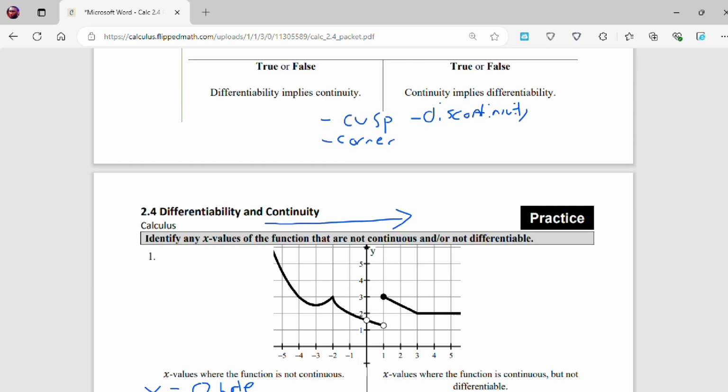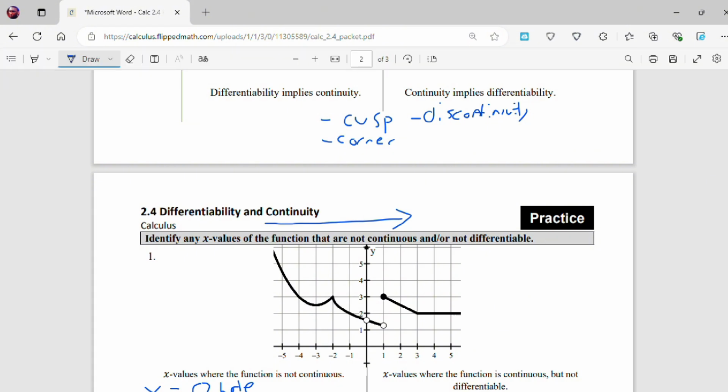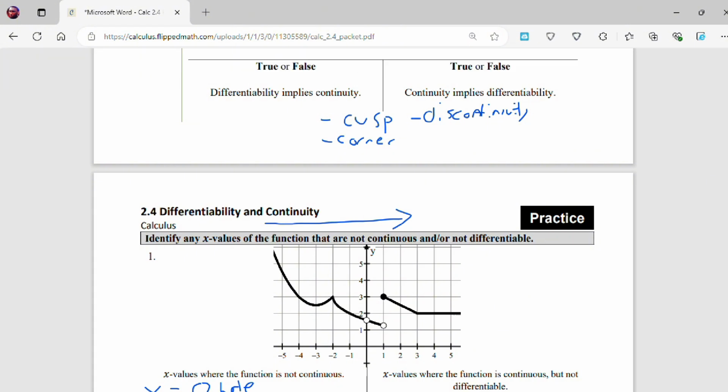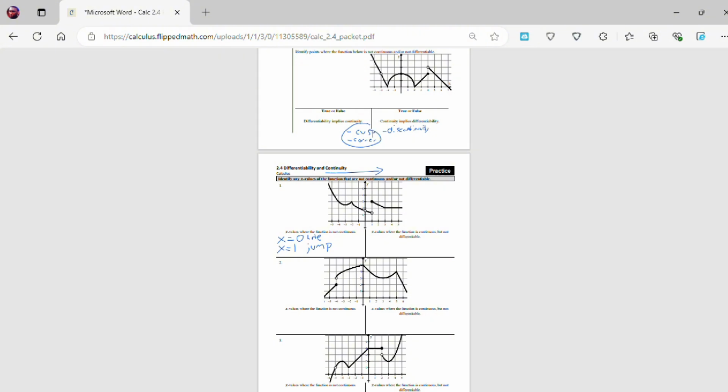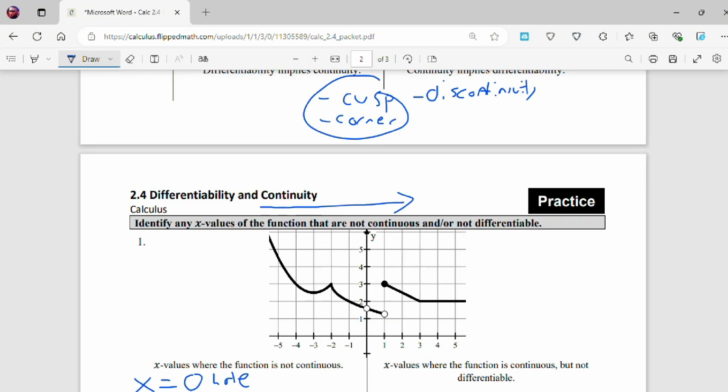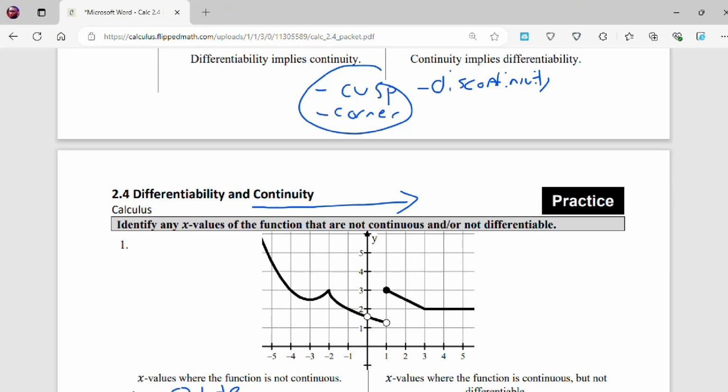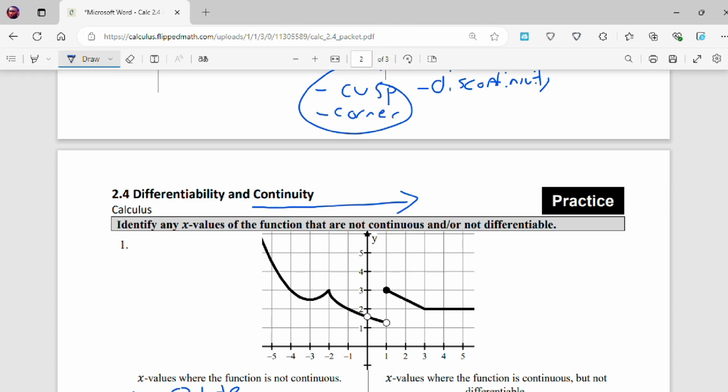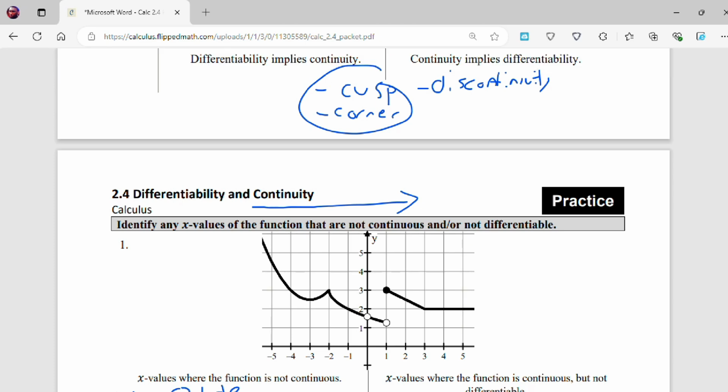Actually, well, if there's a discontinuity, there's no continuity, but the point is that it's not differentiable there. But for these two, we have continuity, we just don't have differentiability. And so let's again start left to right.